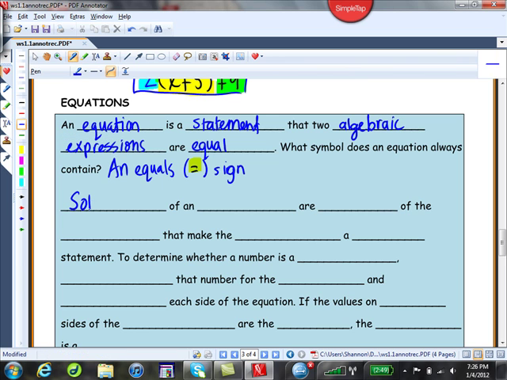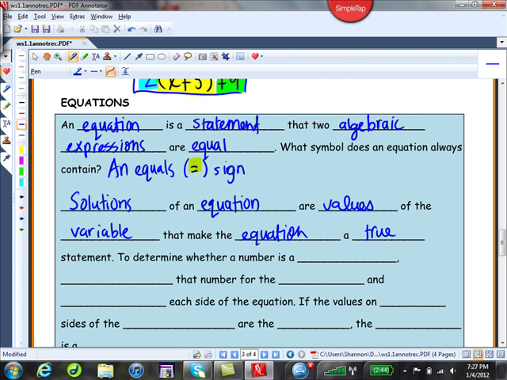All right, solutions of an equation are values of the variable that make the equation a true statement.